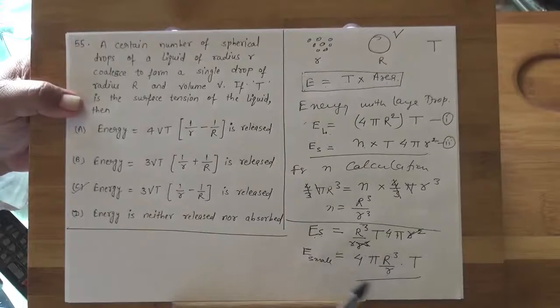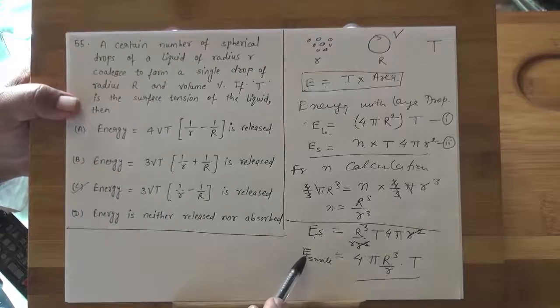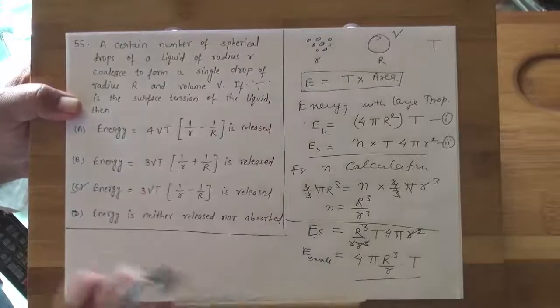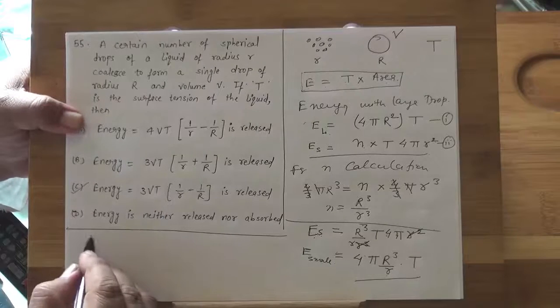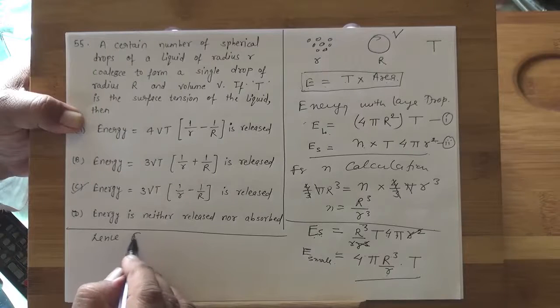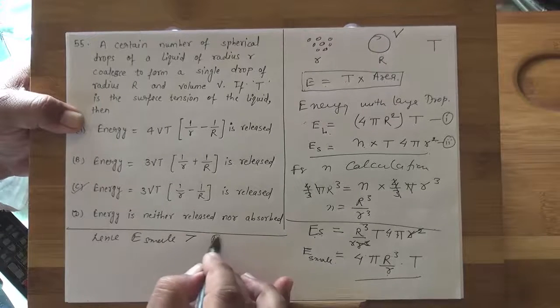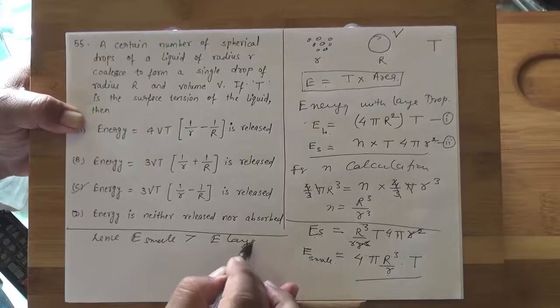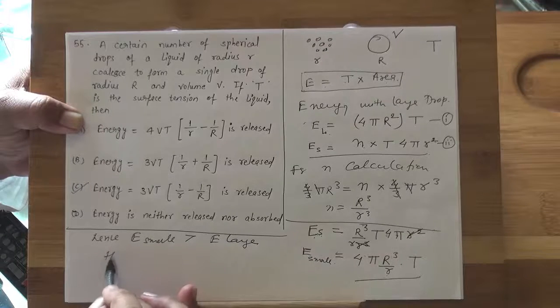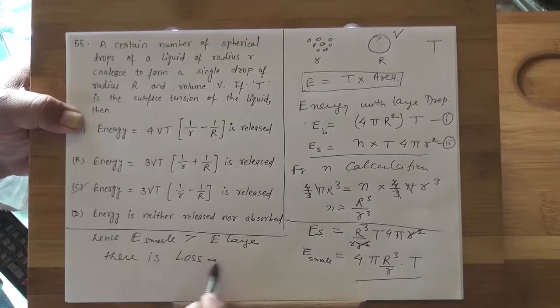Therefore this quantity is larger, so the energy with the smaller drops was more. Hence E small is more than E large. There is a loss of energy.